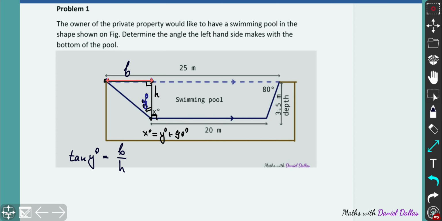h is the depth, 3.5 meters, so it's already found. Next, ideally we need to find b by subtracting from 25, because this is the whole top side. We need to subtract 20 and also subtract a little part here.